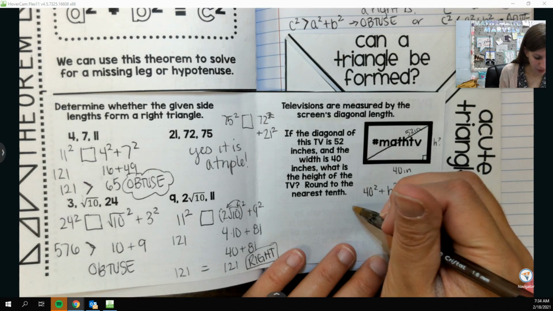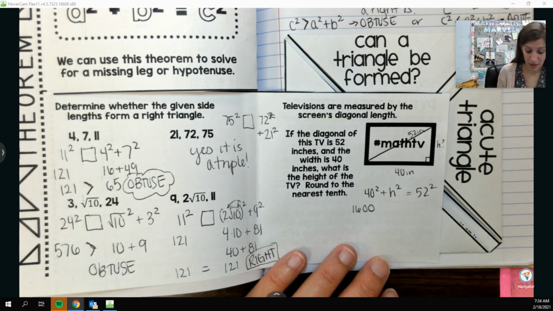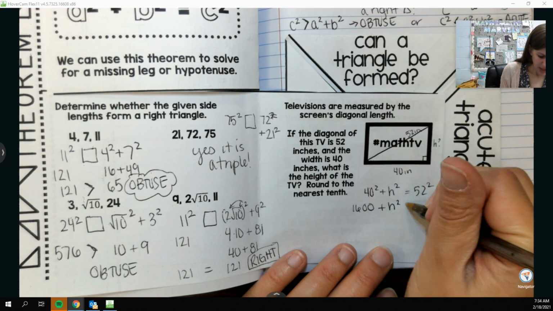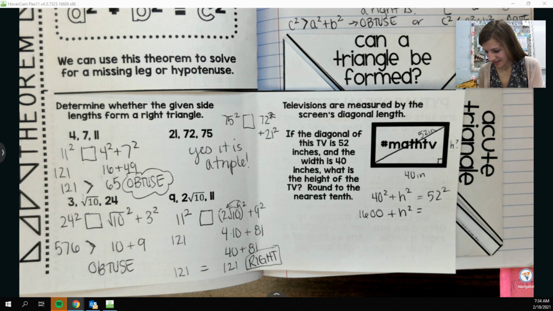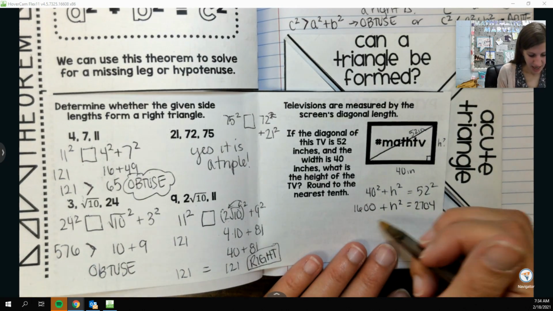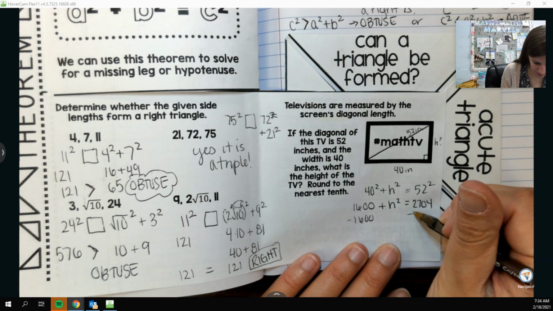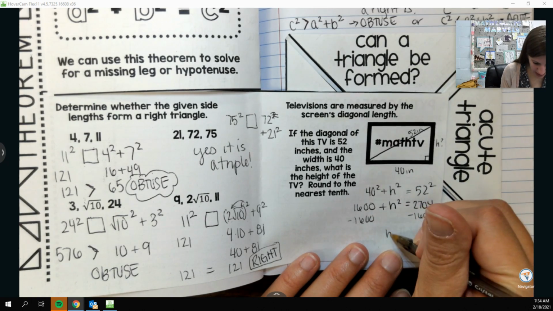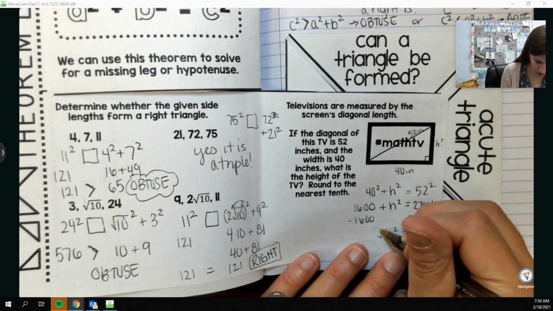So square of 4 is 16 and then square of 10 is 100, so 1600. But the 52, I do not know. So 52 times 52 is 2704. Now to figure out the height, I'm going to have to subtract that 1600 here. So we'll have h squared equals 1104, and then we'll square root both sides.